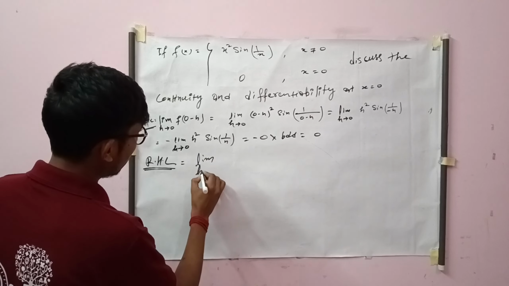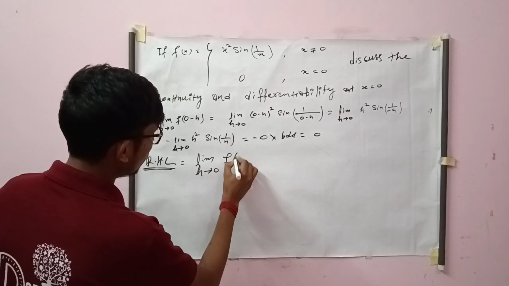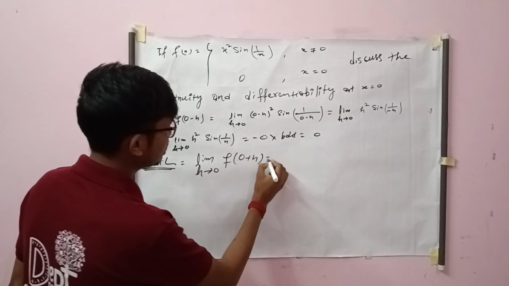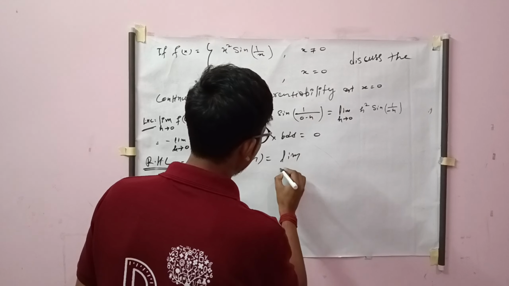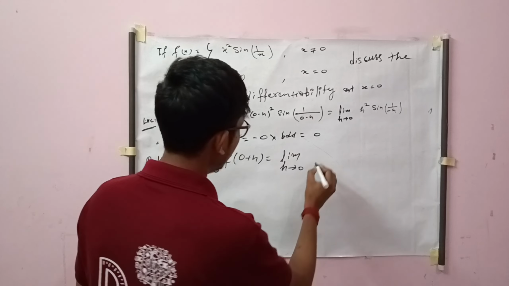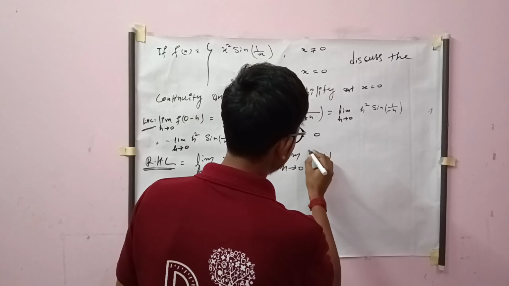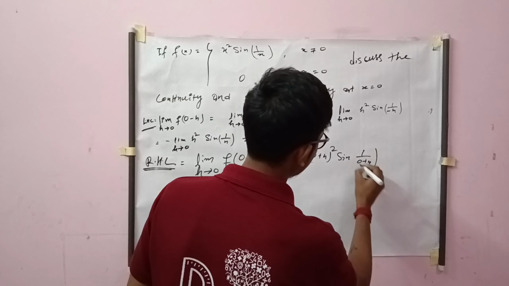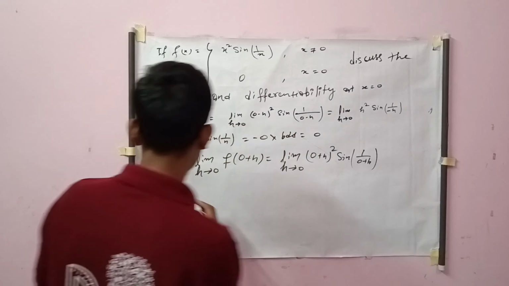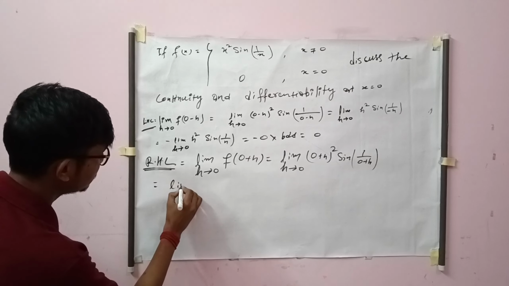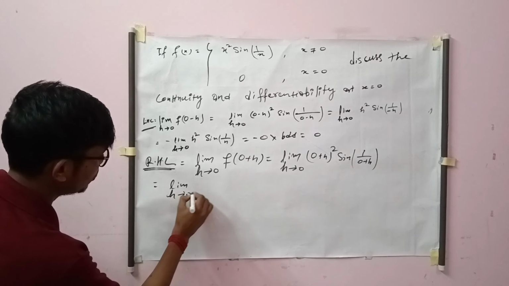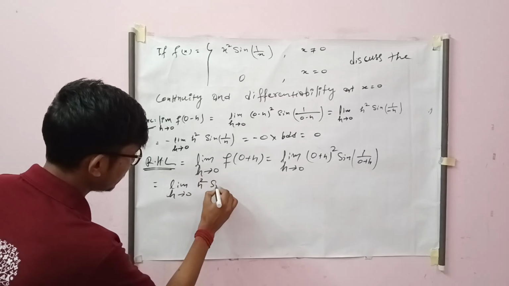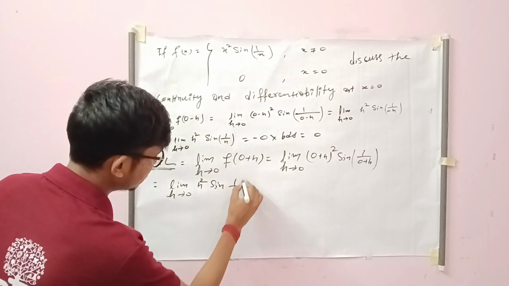Now how will we find the RHL? Limit h tends to 0 of f of 0 plus h equals limit h tends to 0 of (0 plus h) square sine 1 upon (0 plus h), which we can write as limit h tends to 0 of h square sine 1 upon h.